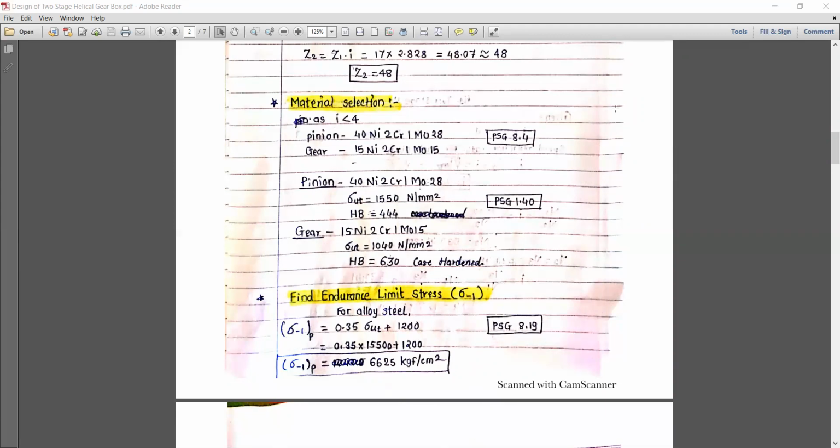As the transmission ratio is less than 4, referring to PSG page number 8.4, the material we have chosen for the pinion is 40 Ni 2 Cr 1 Mo 28, and in case of the gear it is 15 Ni 2 Cr 1 Mo 15.